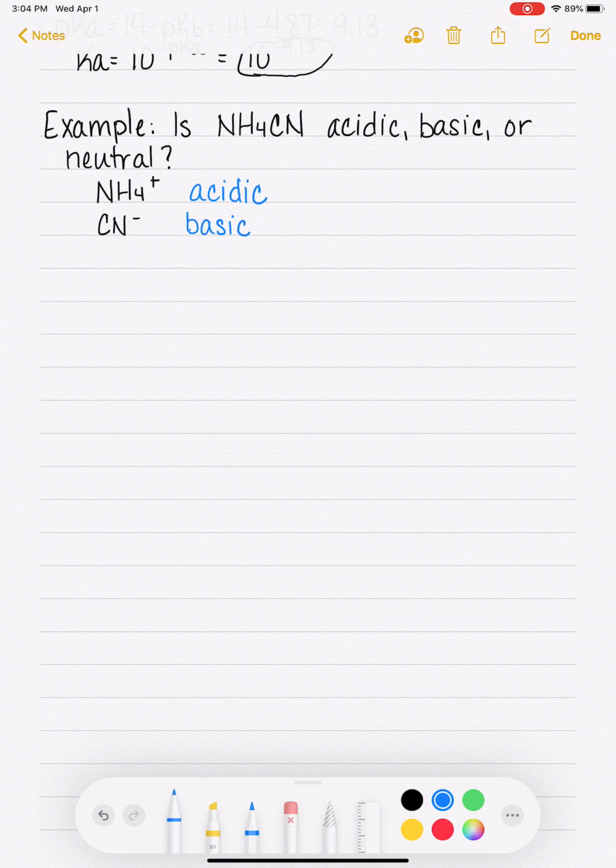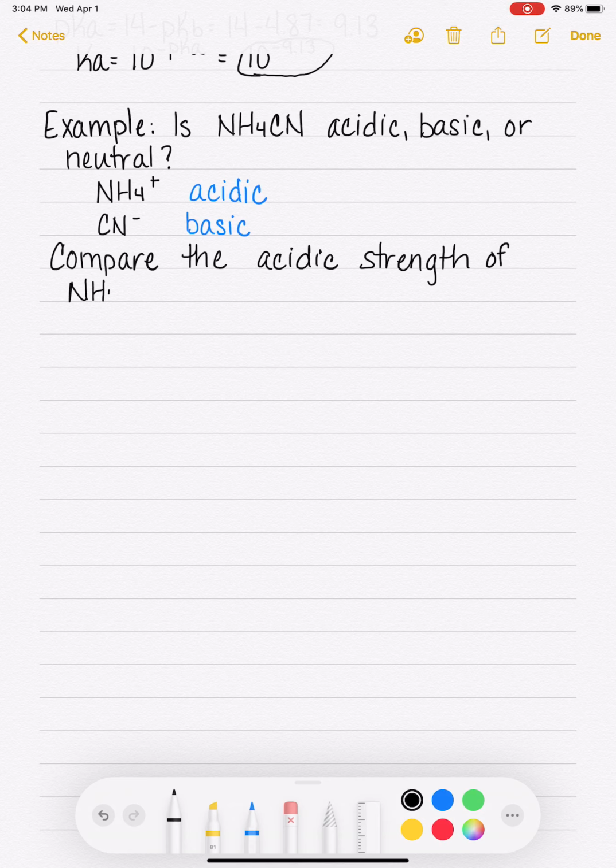We have to compare the acidic strength of NH4 plus to the basic strength of CN minus. And the way that we compare them is with their Ka and Kb.